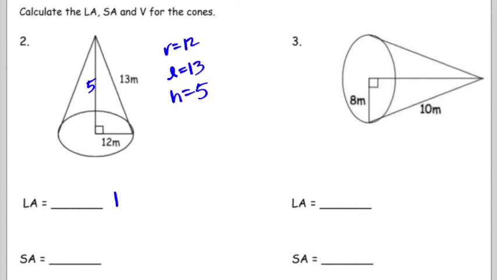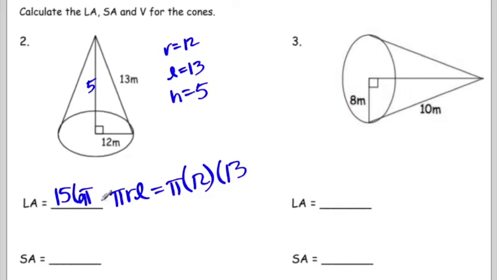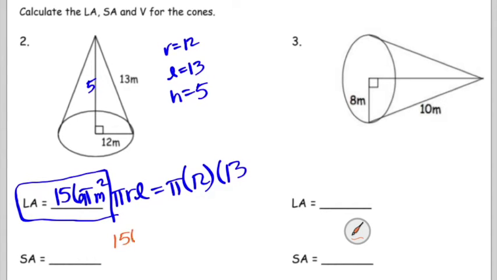So our lateral is going to be that pi RL. So that's just pi times the radius, which is 12, times the slant height, which is 13. And so that is 156 pi, and that had a unit, meters squared. So that is the answer for the lateral area. The next one is the surface area, which takes that pi RL. So we're going to use that 156 pi, and we're going to add pi r squared, adding in that base.